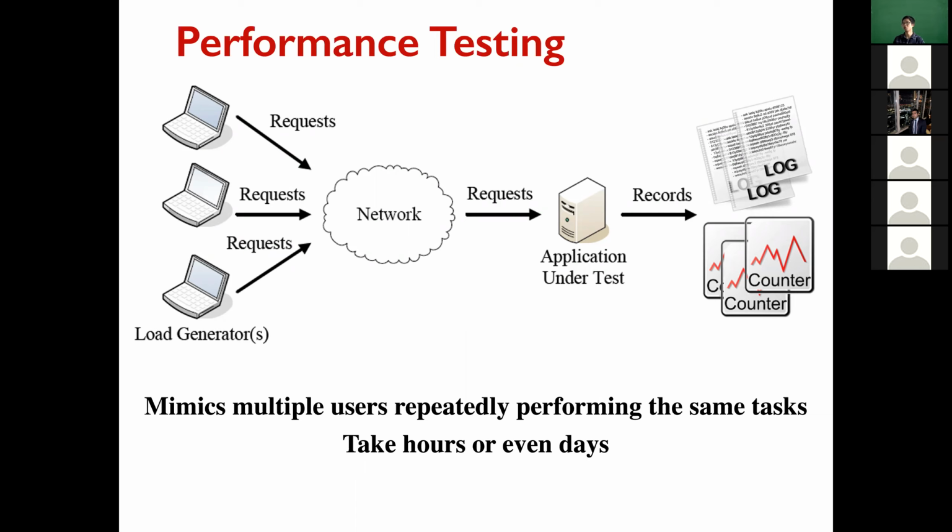These requests are sent to our application under test, for example OMRs. Running this test on the application under test produces data such as logs, performance counters, or performance metrics, and then we can analyze such data.